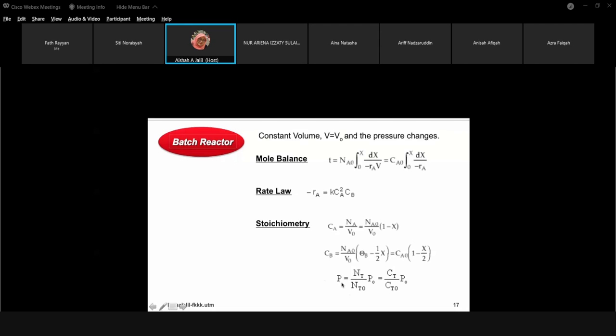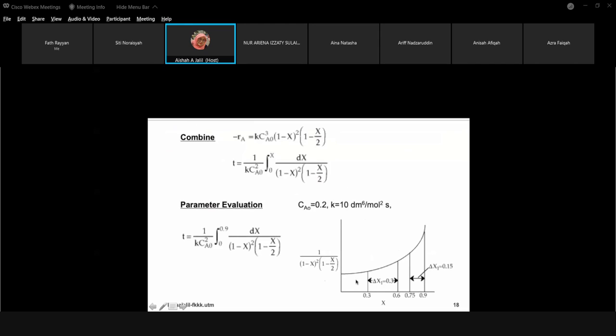Okay, this is just proportion: P over P naught equals NT over NT naught, or the C total over C total naught. Okay, this is just proportion. Because in the question they give you the pressure, right? The pressure is 16.4, and also the number of moles.